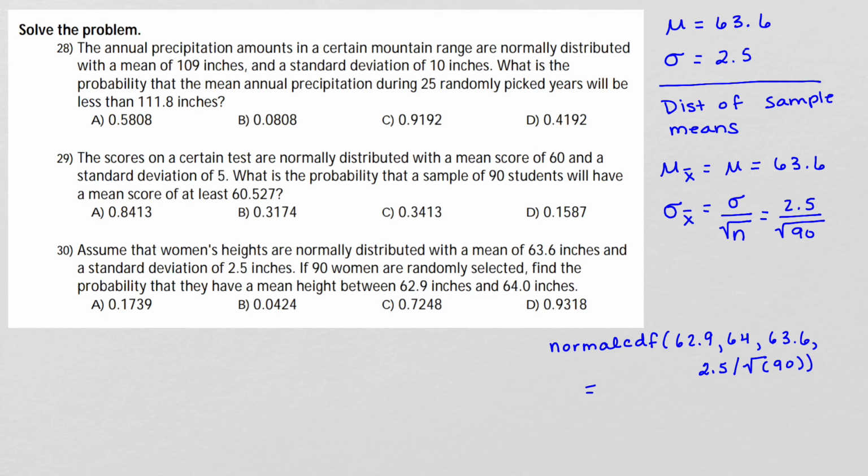And let's see what that turns out to be. And that turns out to be 0.9315. And that's a little bit different from the answer here, and they may have used some slightly different technology in order to get that answer. So this is certainly the closest to 93.18. So that's my final answer there.